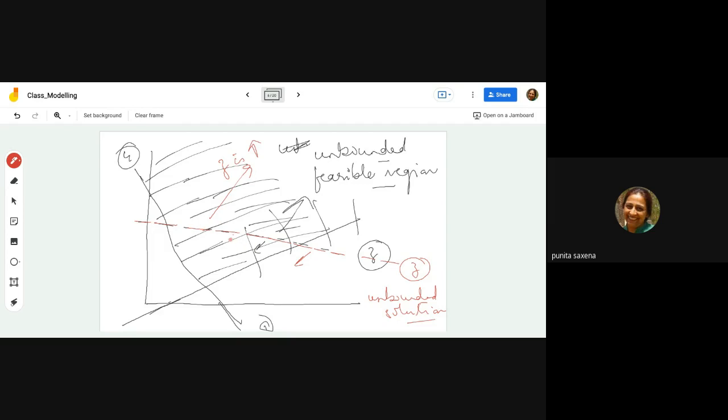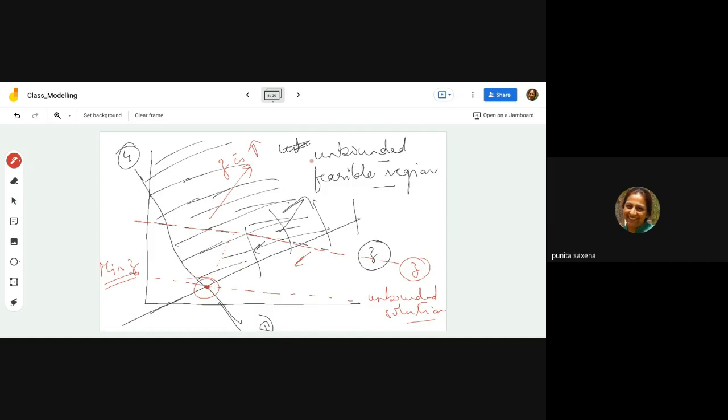So when you move it parallel to this, a stage will come when your objective function will reach this point, and beyond that you do not have a feasible region. That means minimum z will occur at this point, right?